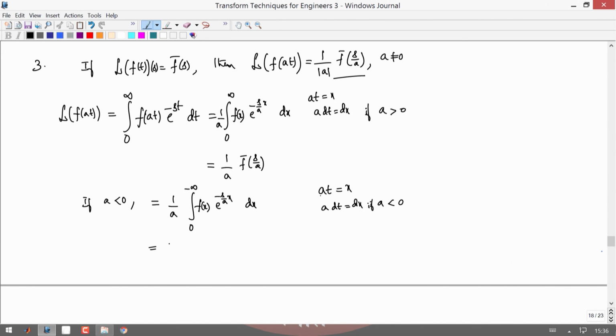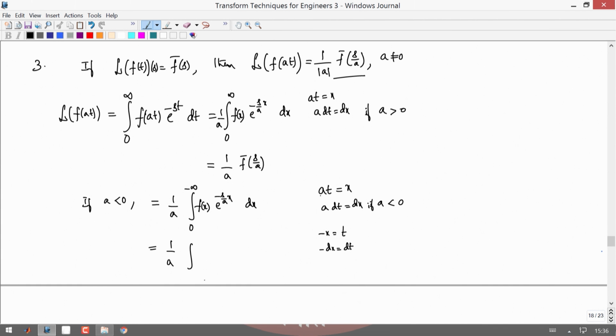Again, you use minus x as the t variable. One more time, minus dx as dt, so 1 by a.